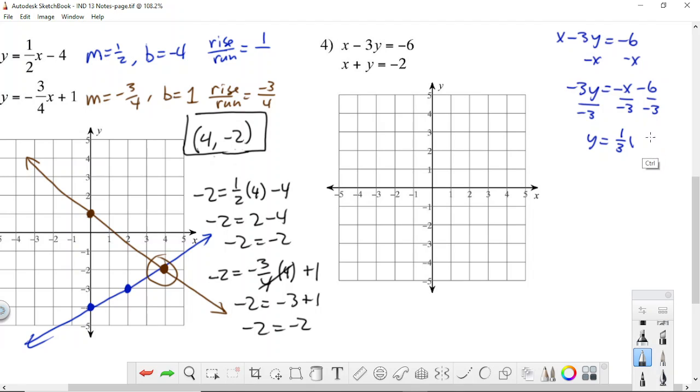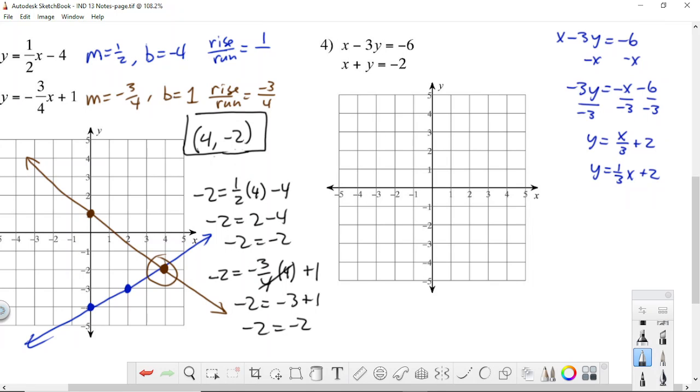Actually, I'll go ahead and first write it like that. Okay, x over 3. Then we have a negative over negative, so that's plus 2. So now we will rewrite it 1/3 x plus 2. Okay? So that's the first one.